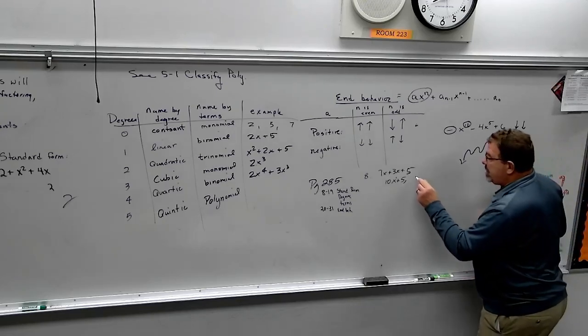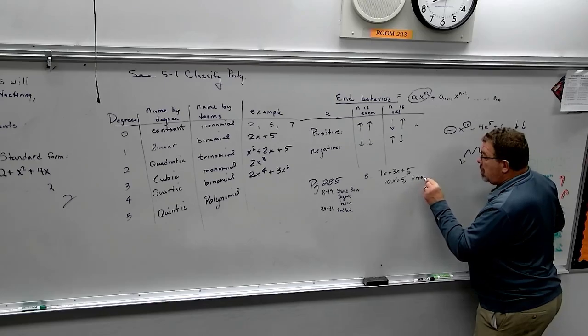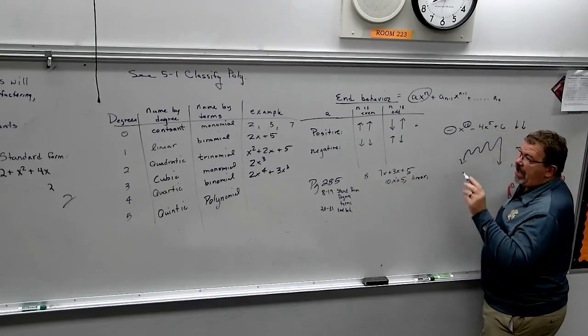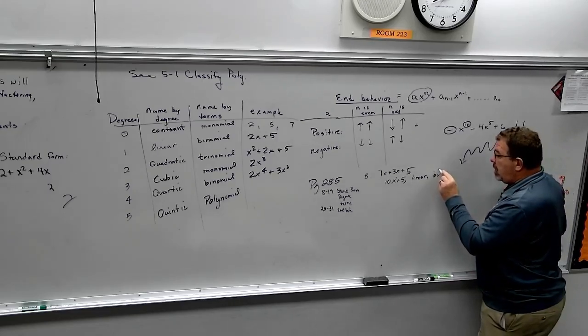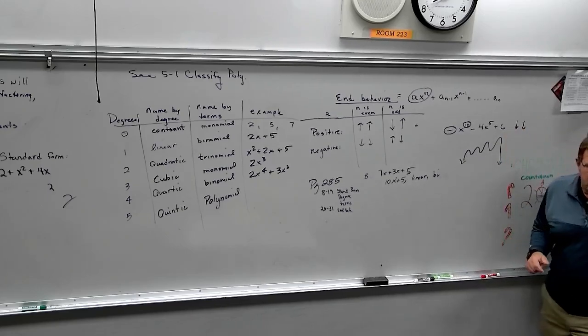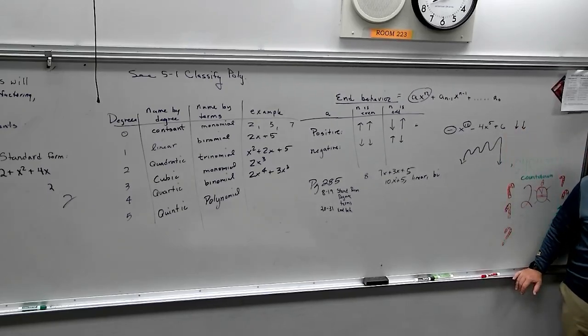So I would call this linear. And then what would you classify it as? A monomial, binomial, or trinomial? A binomial. And I'm all right if you just say bi like that. Okay? So there you go. On number 8, I would say 10x plus 5. That's what it is in proper form. It's linear, because I have a degree of 1, and it's a binomial.